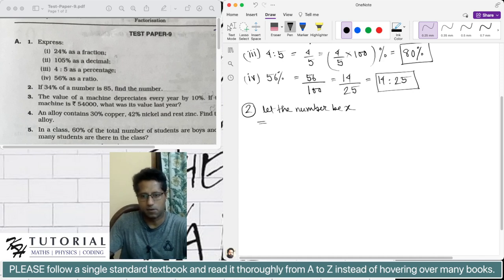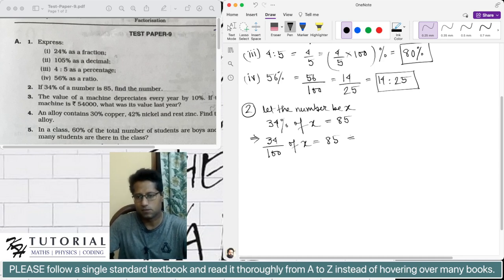As per the given problem statement, 34% of x is equal to 85. 34% means 34 by 100, so we have 34 by 100 of x is equal to 85.